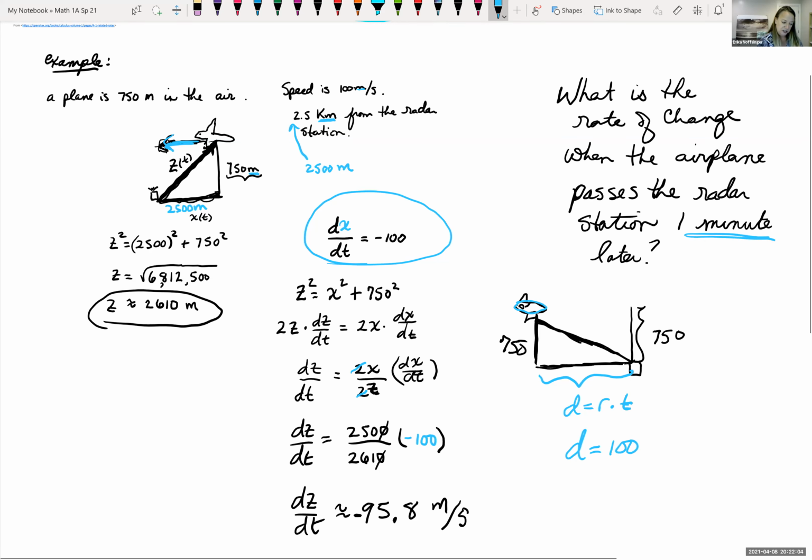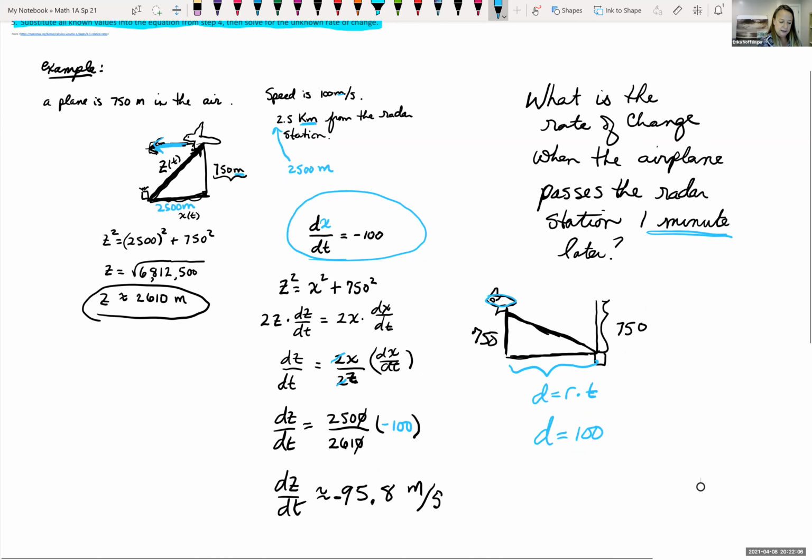So we have to change that in terms of seconds. So this would equal 60 seconds. So we know that this distance in here then is 6,000. And we have to figure out what this distance is here.